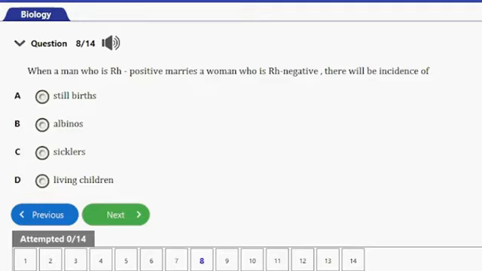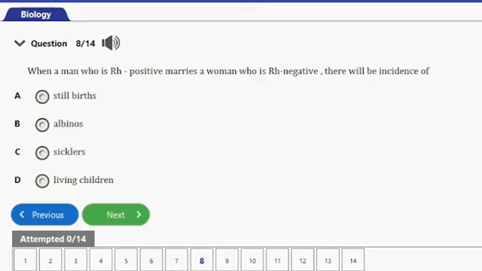If an Rh positive man marries an Rh negative woman, when the woman conceives and gives birth to the first baby, if the baby is Rh positive, the mother's blood recognizes the baby's blood as foreign to its own blood and then produces antibodies against it.